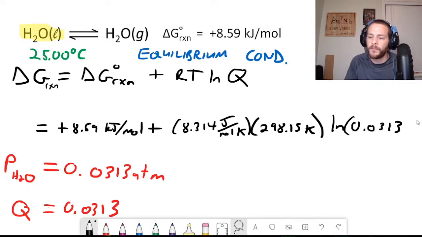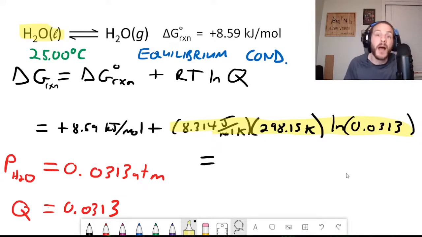Now, if you plug this into your calculator, this expression right here, I'm going to highlight it. So this term here, 8.314 times 298.15 times the natural logarithm of 0.0313.